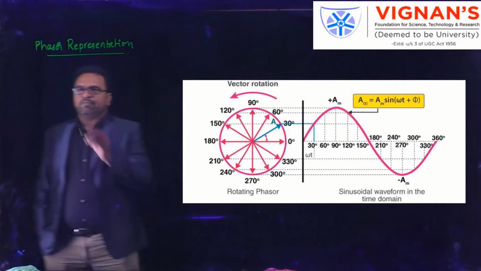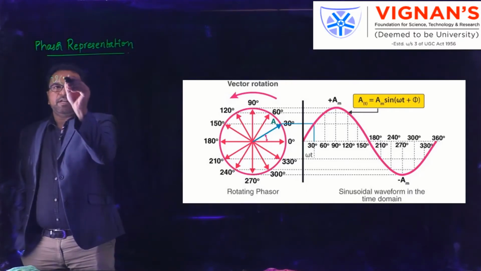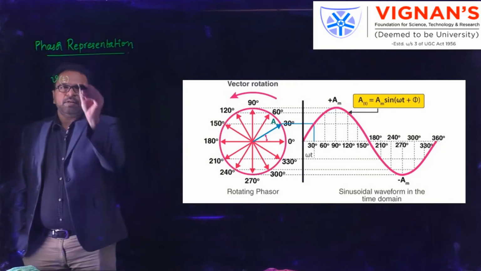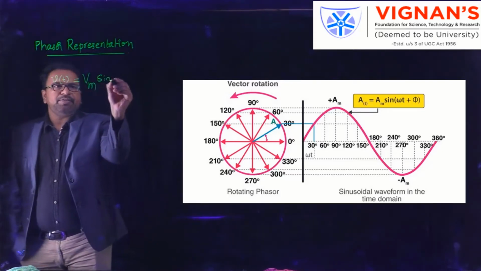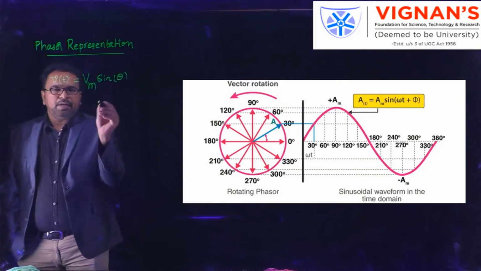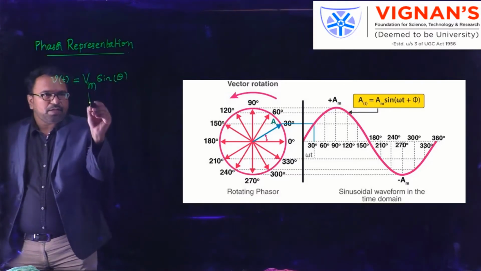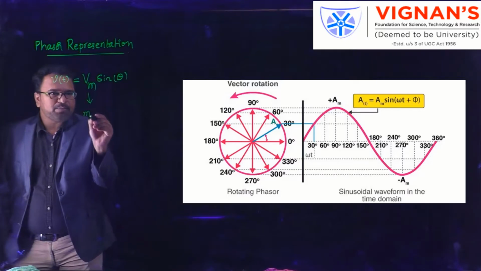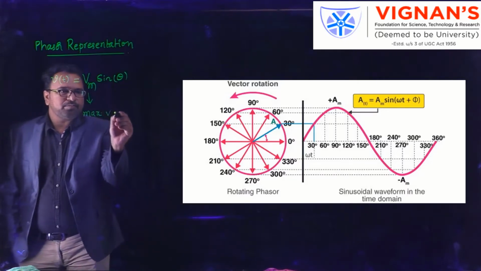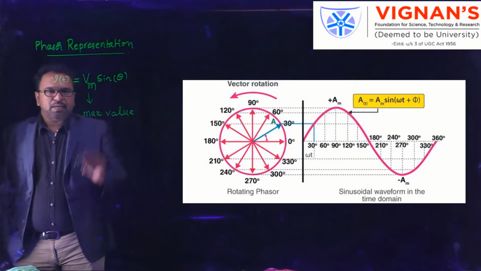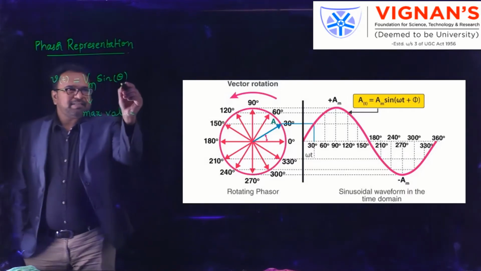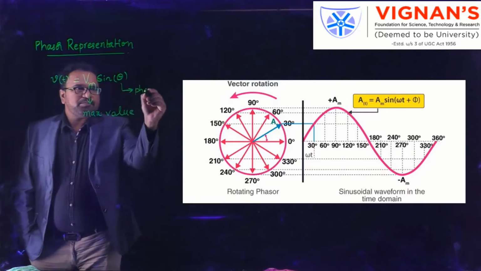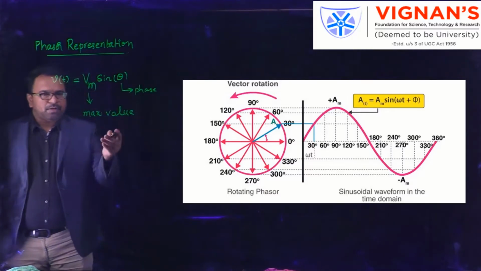For example, consider V of t as the instantaneous voltage, and this voltage expression is represented as Vm sin theta. Here, Vm is the maximum value of the sinusoidal quantity, and theta is the phase, as I told you earlier.